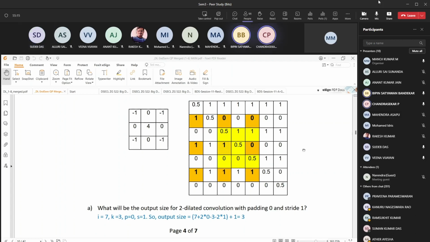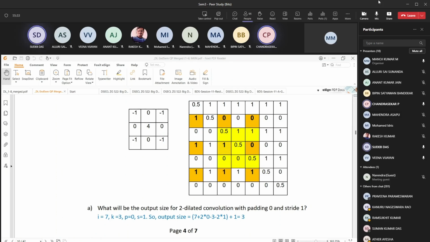You apply the kernel on top of the input and calculate the values.